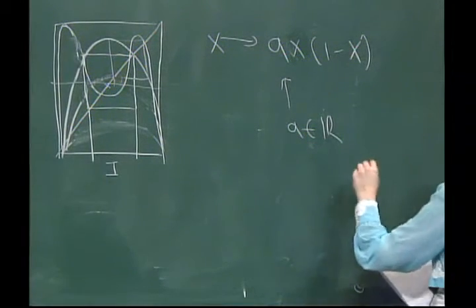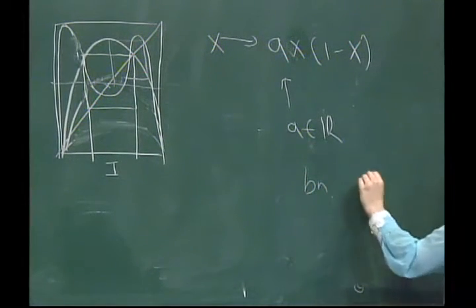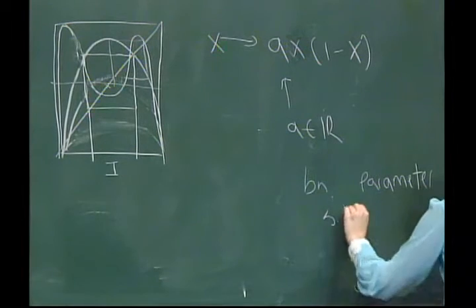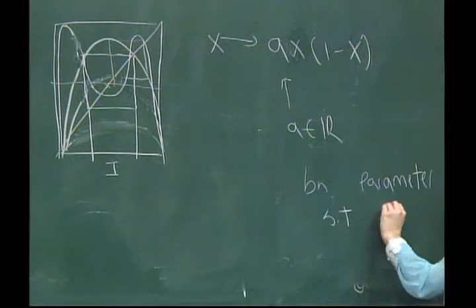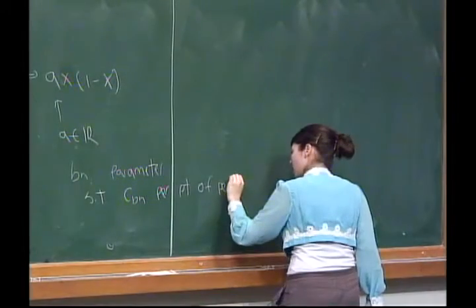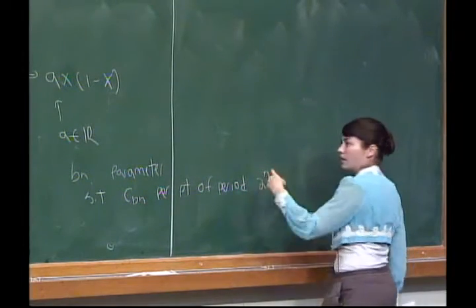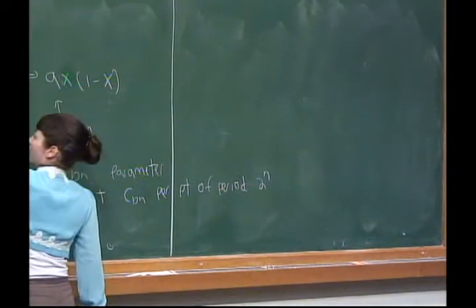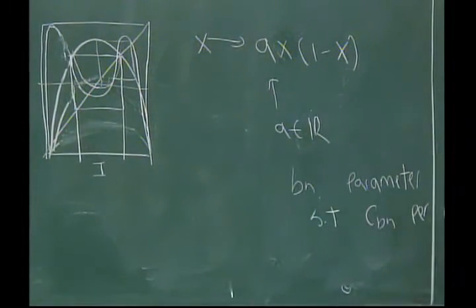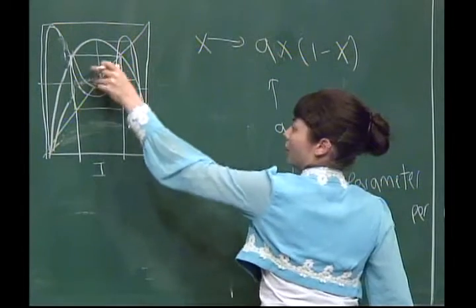So I'll call those parameters, let's say b_n is a parameter such that the critical point, which I'll call c(b_n), the critical point of the map corresponding to that parameter, is a periodic point of period 2 to the n. So the first one will be when the critical point is fixed under the second iterate, and then consecutively, when you zoom in, there will be period 4 inside here.